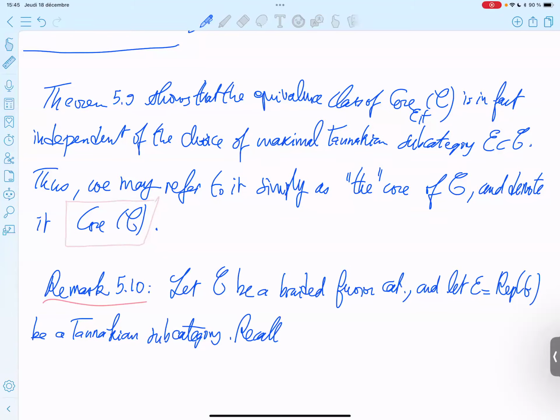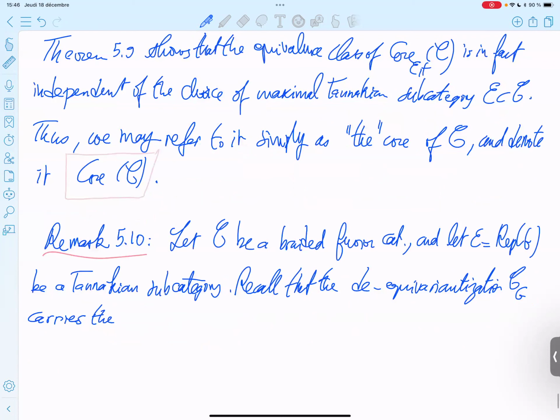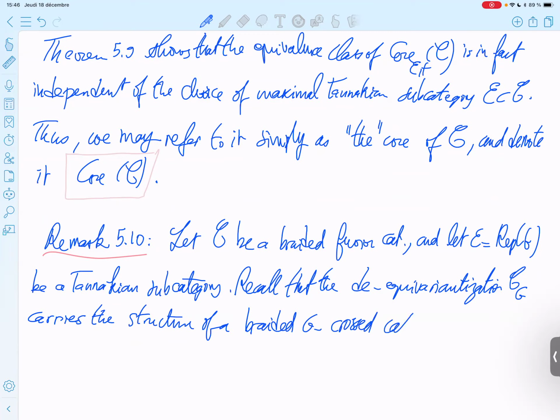Recall that the de-equivalentization C_G carries the structure of a braided G-crossed category; see section 4.4.